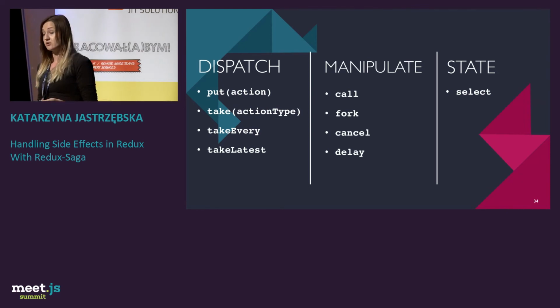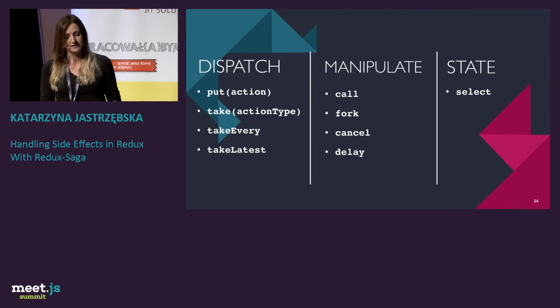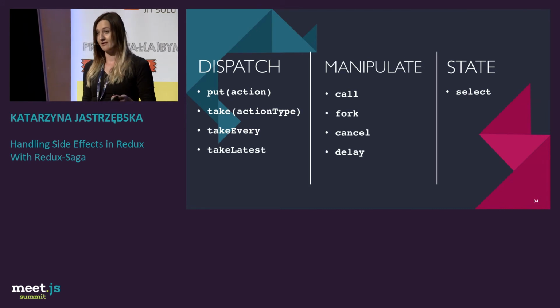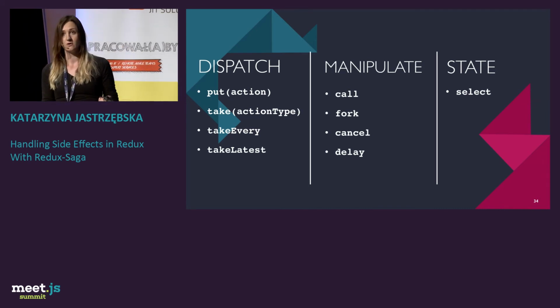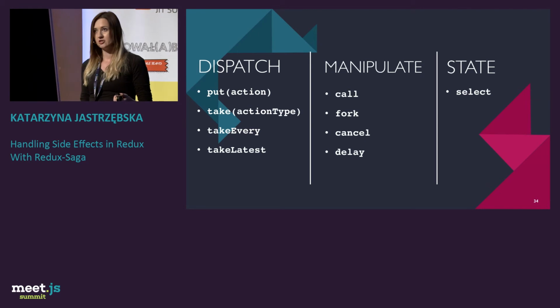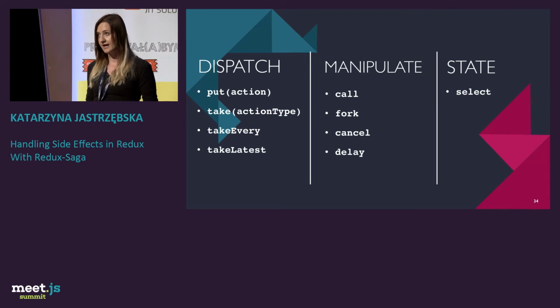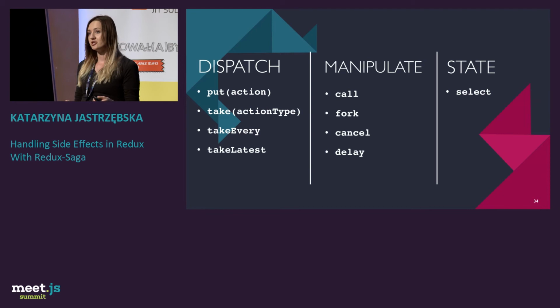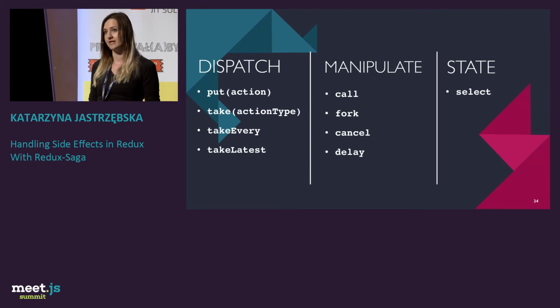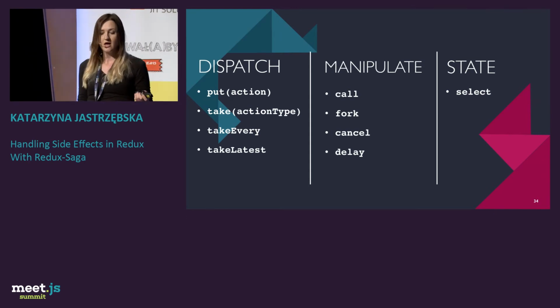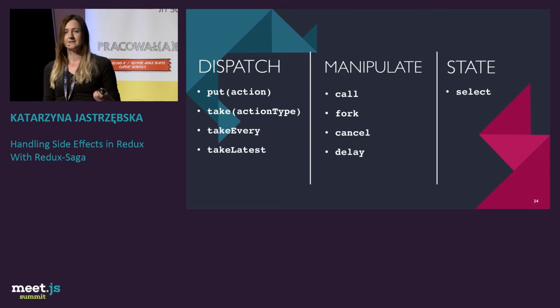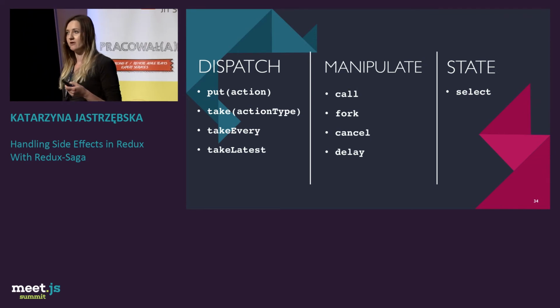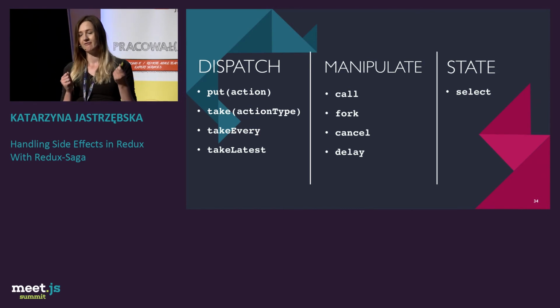So there is another section which is manipulate, and manipulate is to manipulate our generators, of course. And there is a call which can call a function, which can have a promise inside, of course, or fetch, or XHR, anything to fetch data or do some another asynchronous operation. There is fork, which is, I would say, calling the generator, but also having a reference to the generator.